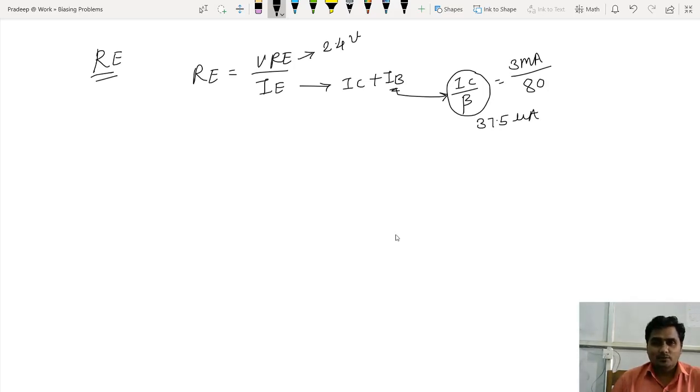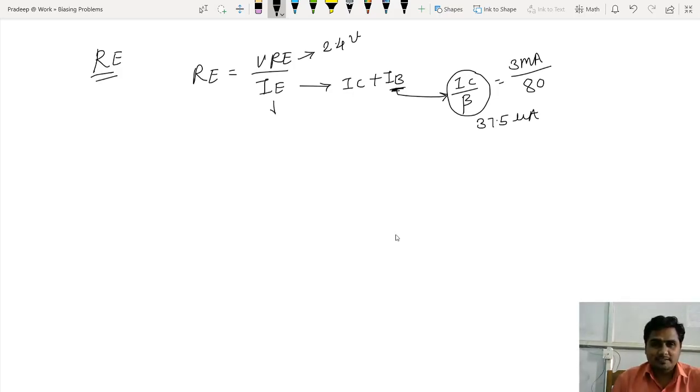Now put this value here. IB plus IC, which is 3 milliamperes, gives about 3.03 milliamperes.